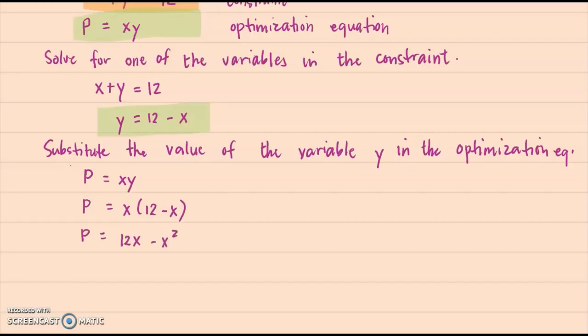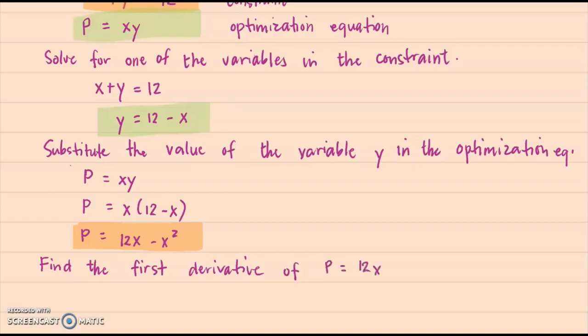Now let's highlight that. Next step will be to find the first derivative of p equals 12x minus x squared.